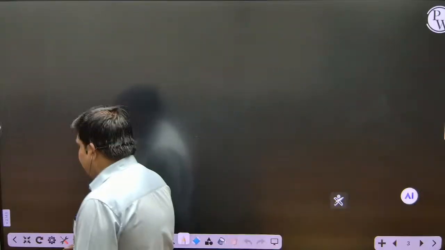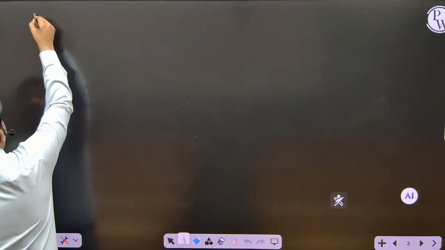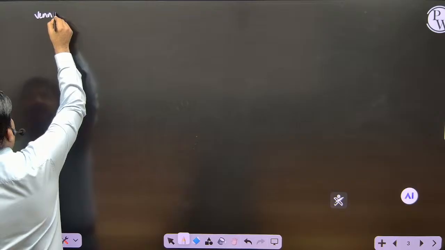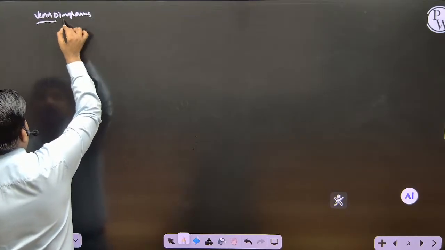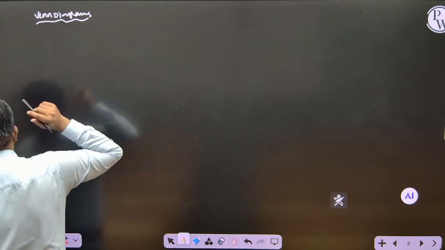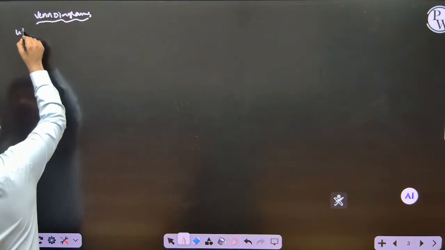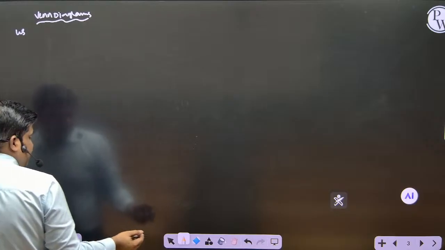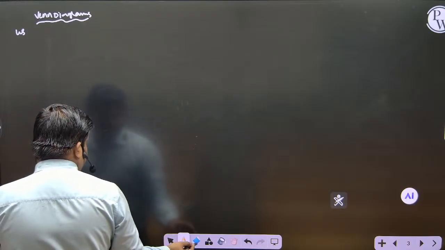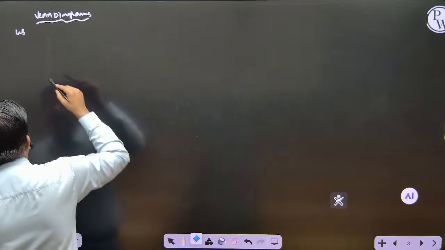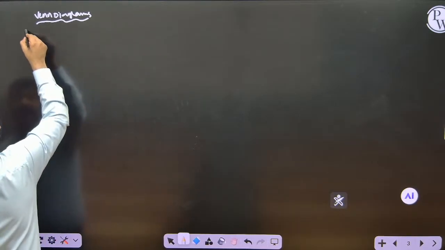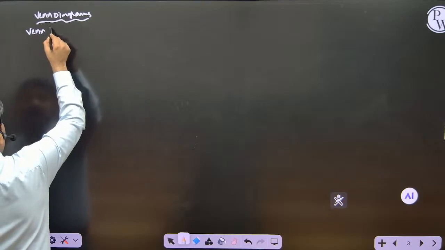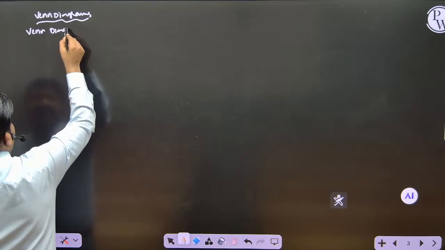So now we just see the Venn diagrams. What are Venn diagrams?